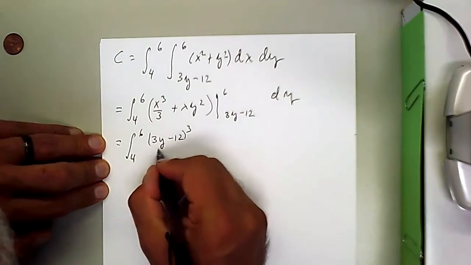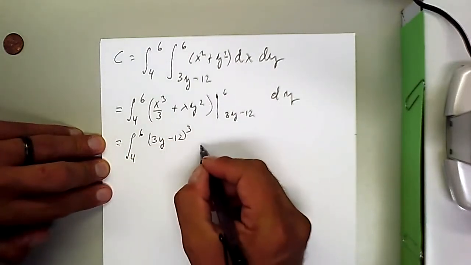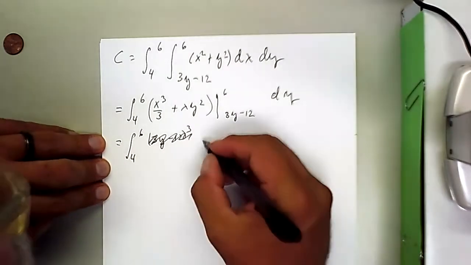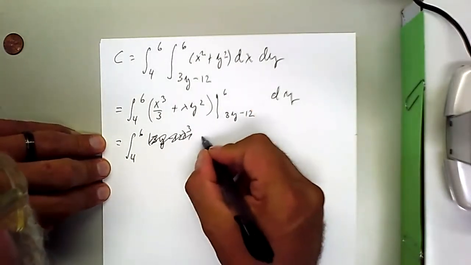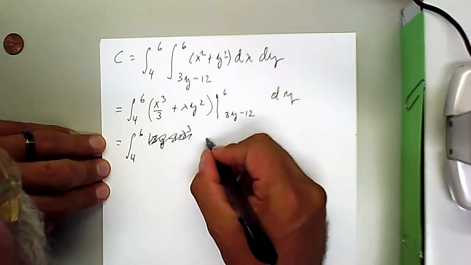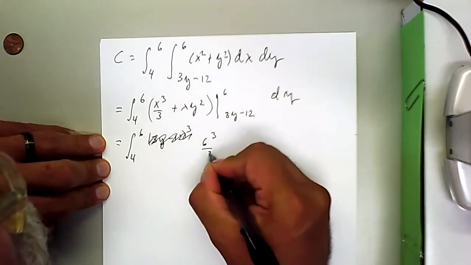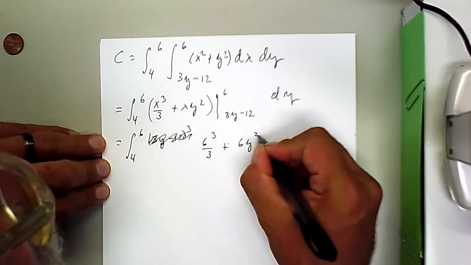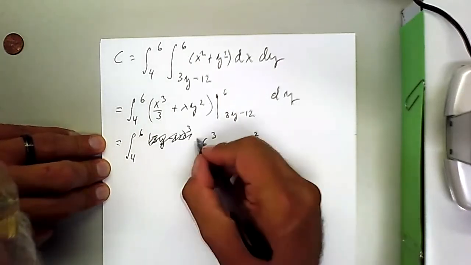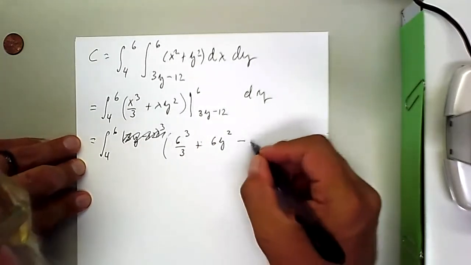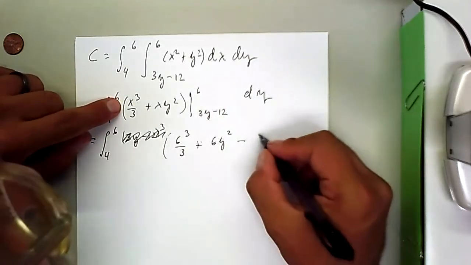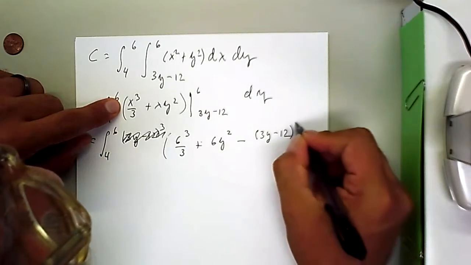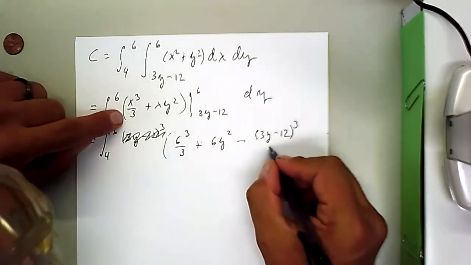cubed. Oh, I just goofed that up on live video. The top goes first. So start all over. So 6 cubed over 3 plus 6y squared, yep, minus that quantity that I started writing down, quantity 3y minus 12 cubed over 3.